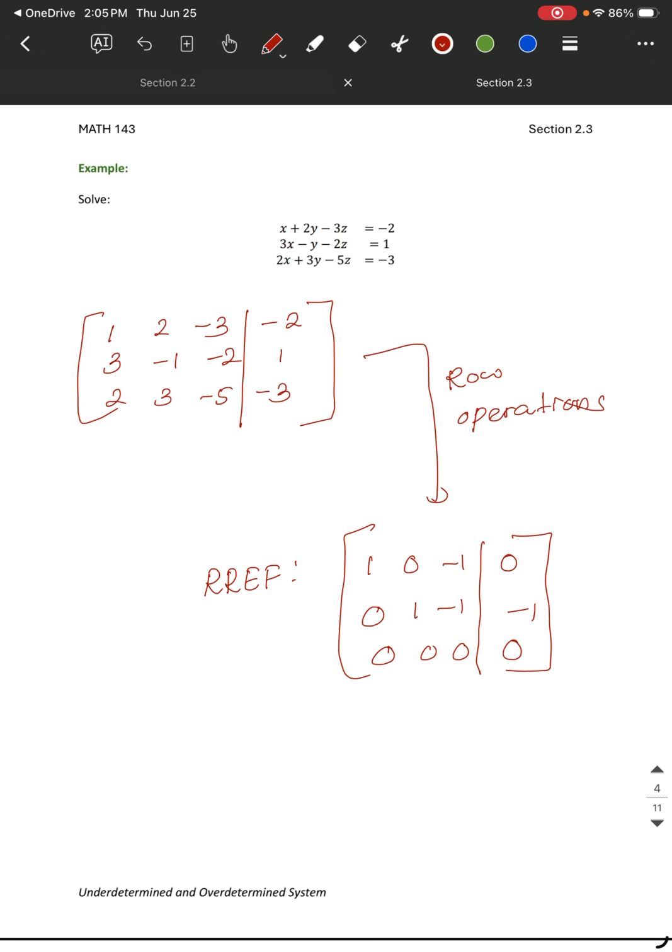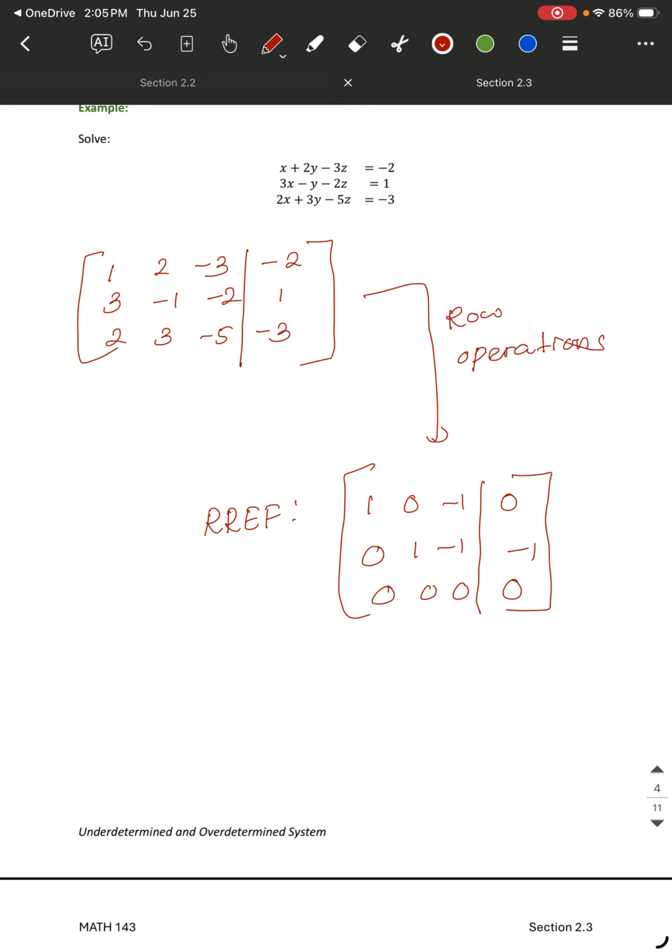Okay, so check your RREF matrix, the reduced row echelon form, with the answer.